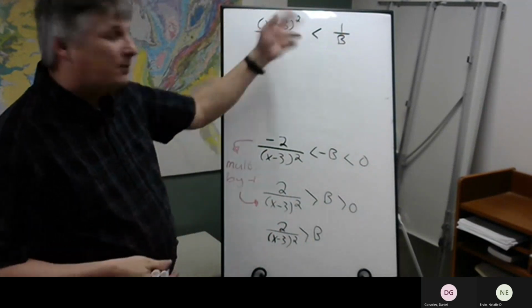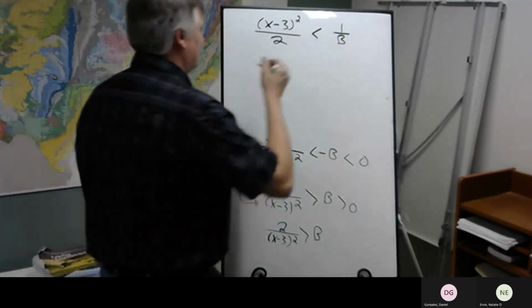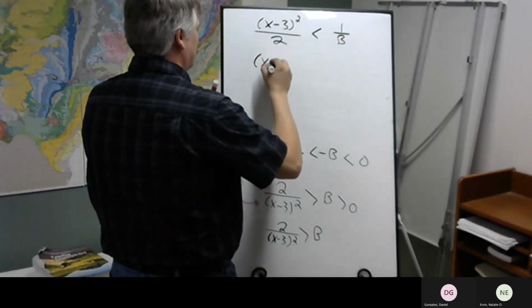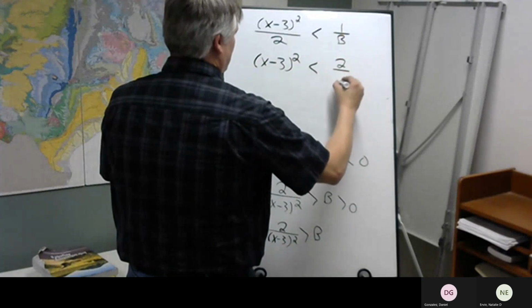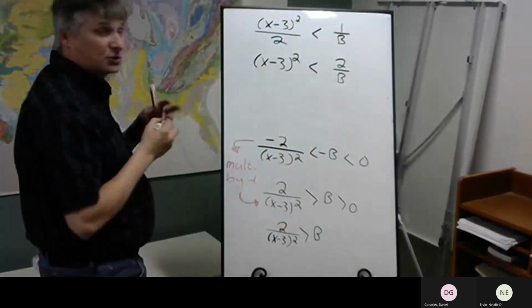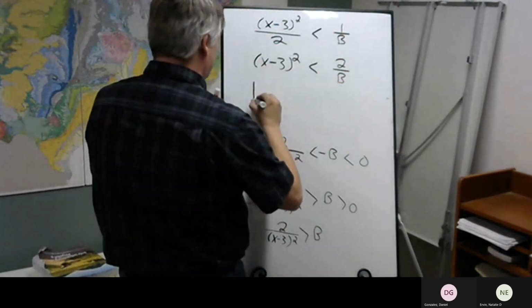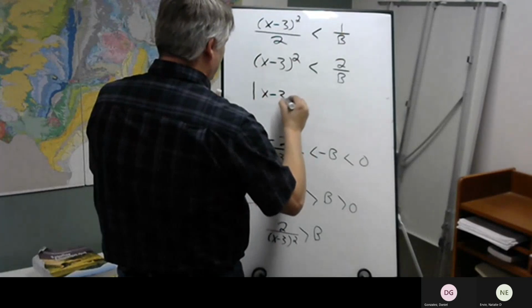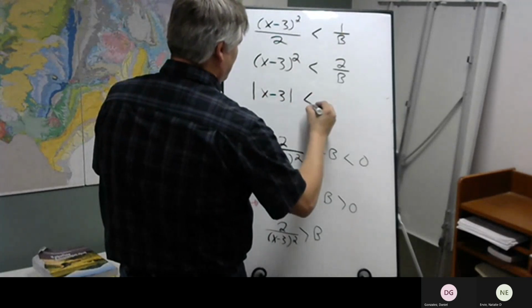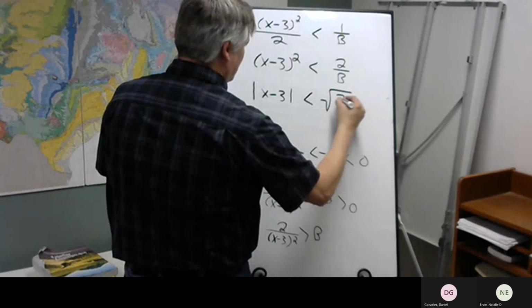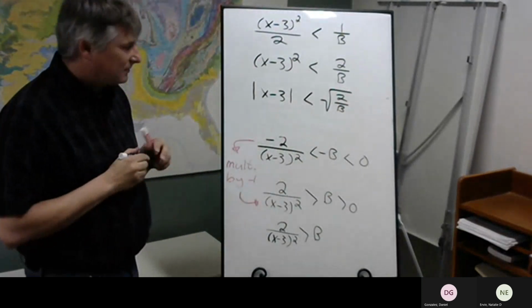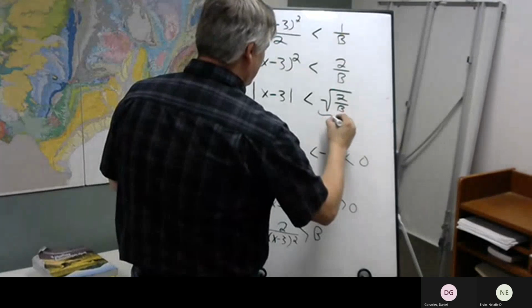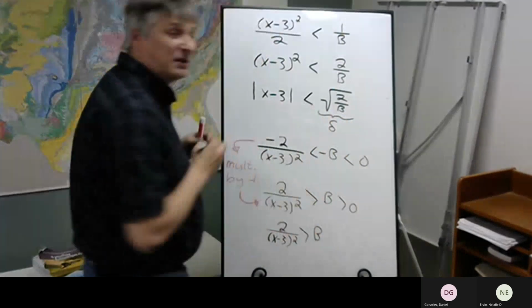So multiply both sides by 2. Square root both sides. And so what we're going to get is this can be our delta.